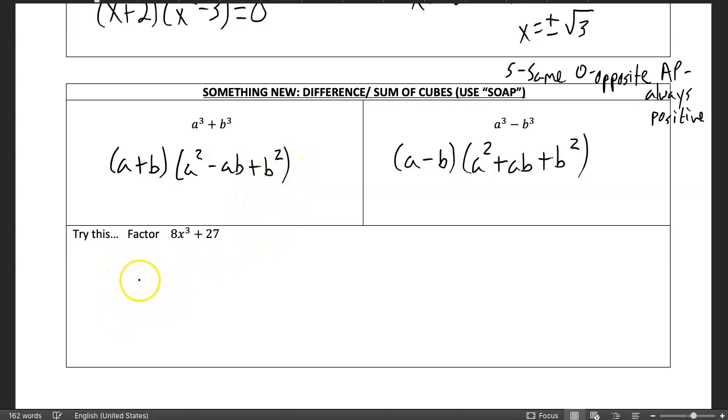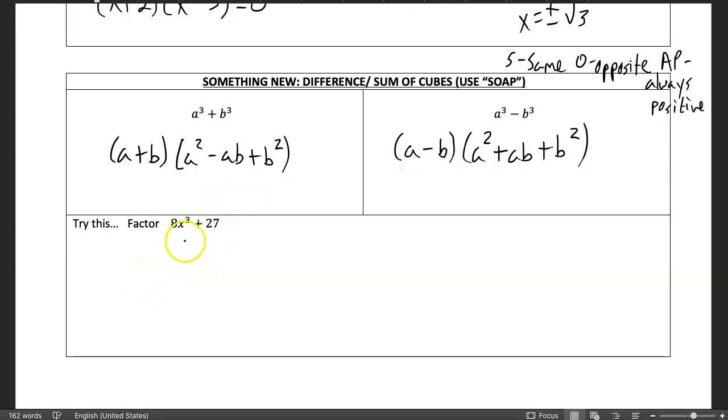Let's go ahead and use them to factor 8x cubed plus 27. For this, let's make sure we understand what everything cubed is. So 8 is 2 cubed. That means our first term is 2x cubed, and 27 is 3 cubed. This means that A is 2x and B is 3.